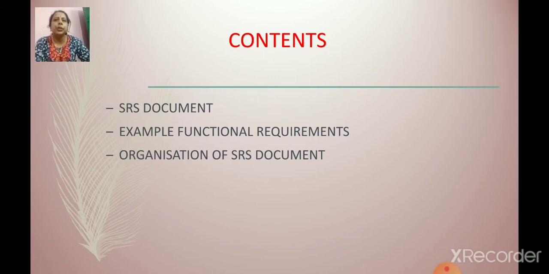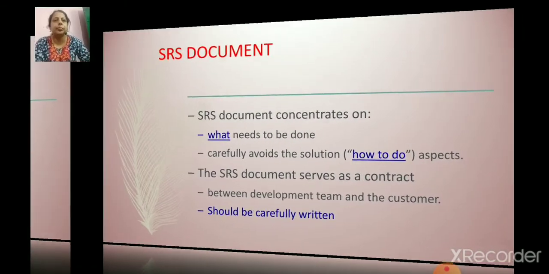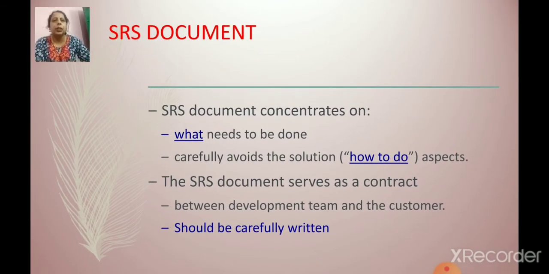The content of this video is the SRS document, examples of functional requirement and organization of the SRS document. The SRS document concentrates on what needs to be done, and carefully avoids the how-to-do aspect. It means the SRS document focuses on what is to be done, but not on how it is to be done.